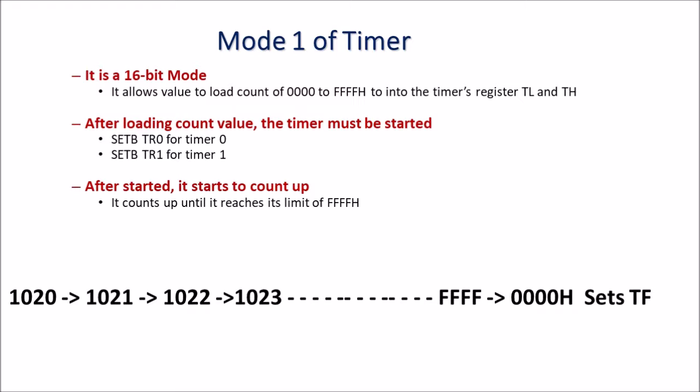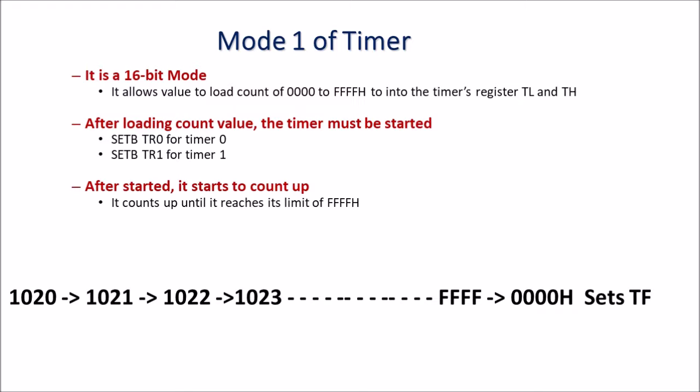That means after one clock cycle, it becomes 1021. Next clock cycle, it becomes 1022, then 1023 up to FFFFH. The count will increment till it reaches FFFFH. After this, it will roll over to 0000H.